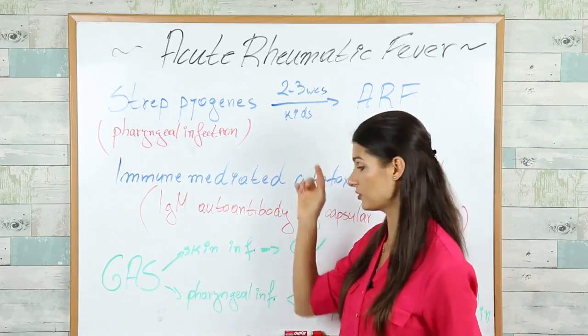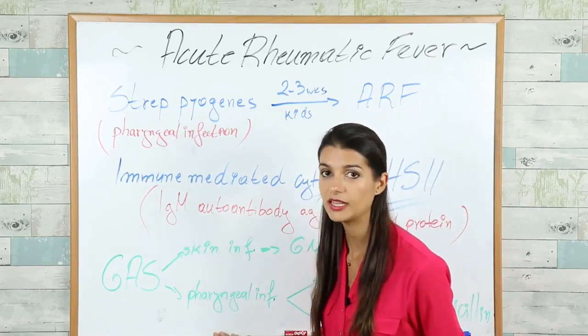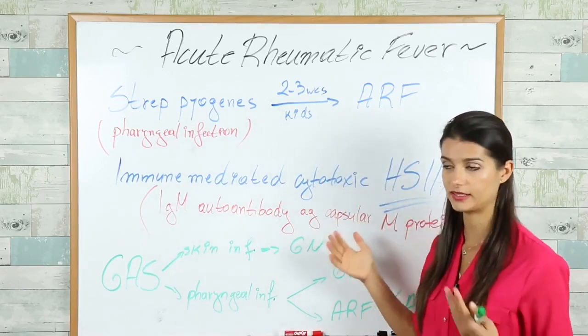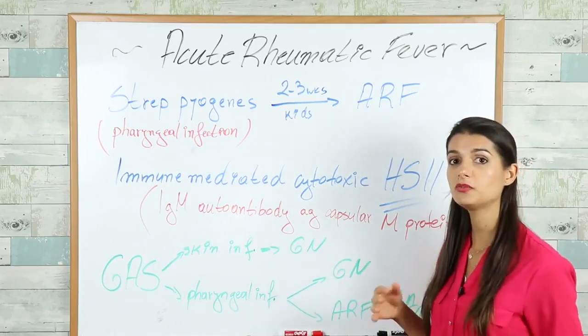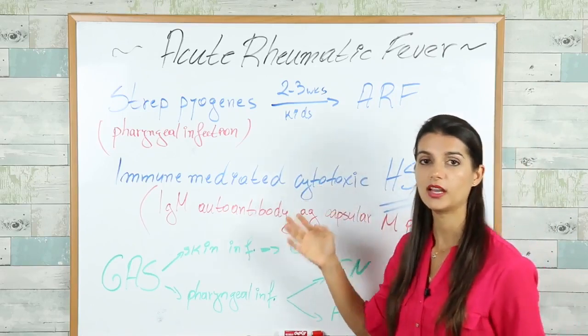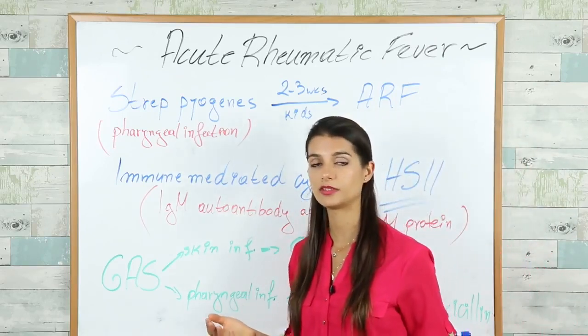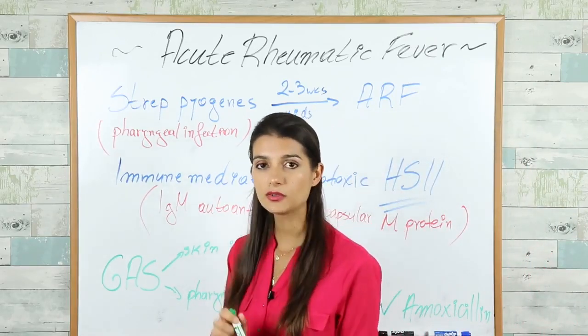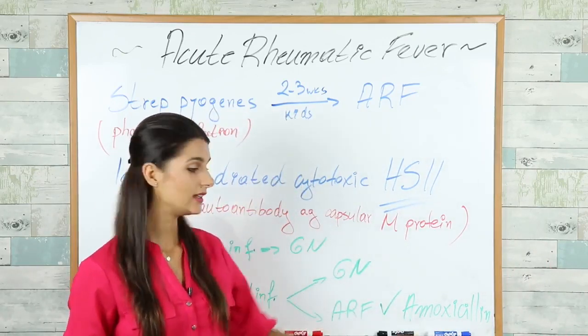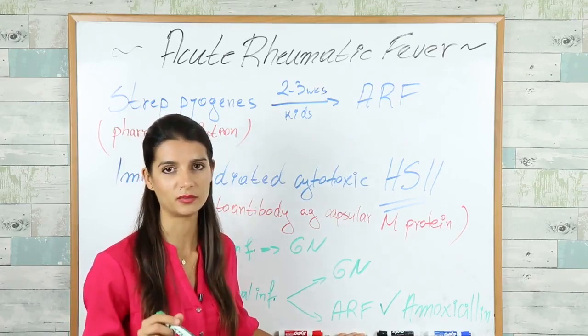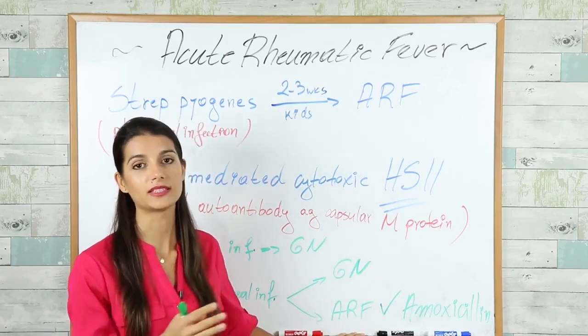Whereas if the strep pyogenes is causing pharyngeal infection, then the patient can have as a side effect acute rheumatic fever and glomerulonephritis. But if you test for strep pyogenes with the rapid strep test and after that with throat culture, and you diagnose strep pyogenes pharyngitis and treat it with amoxicillin, then acute rheumatic fever is preventable. You don't have to have this side effect.